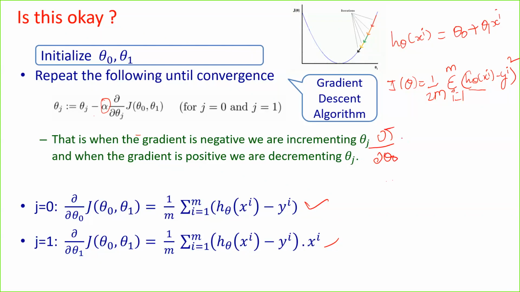Let us expand this: 1 by 2m, sum over i equal to 1 to m, of theta naught plus theta 1 xi minus yi, whole square.